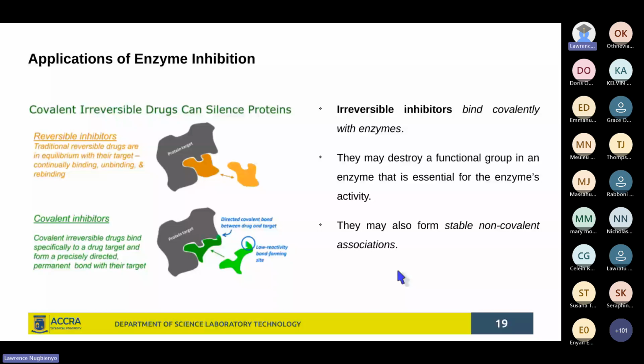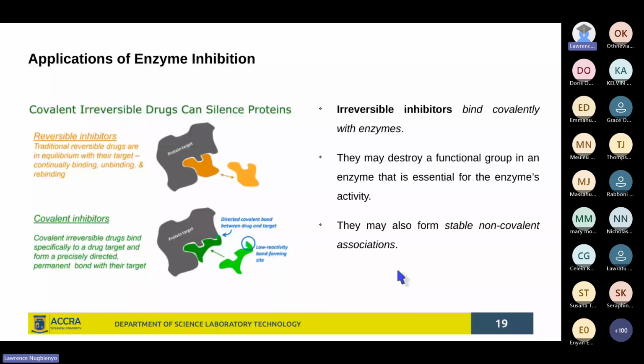In this instance, we refer to such inhibition as irreversible inhibition, when a covalent bond forms. Any other bond which is non-covalent, usually maybe some van der Waals forces, could be some weak hydrogen bonds, things like that, those bonds are involved in what we refer to as reversible inhibition.